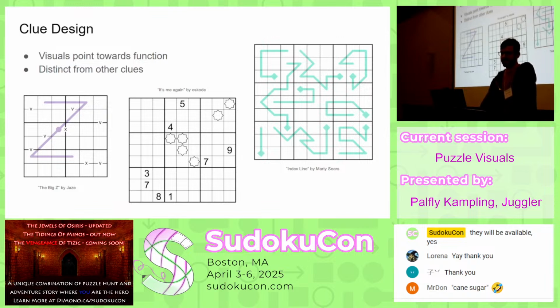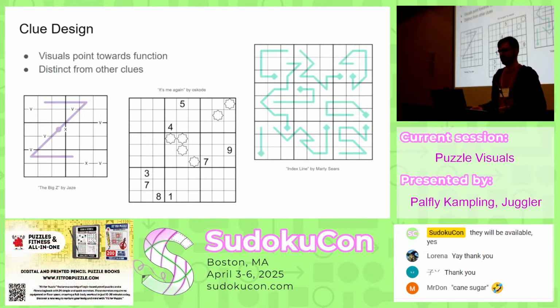And yeah, the second point is that if you make a new clue, you want to make it distinct from other clues so people don't confuse them. So for example, for index lines, they could have made them look like thermos. It has the same effect, but making them a different color, changing the round bulbs to diamonds, makes them visually so different that you don't confuse them with each other.